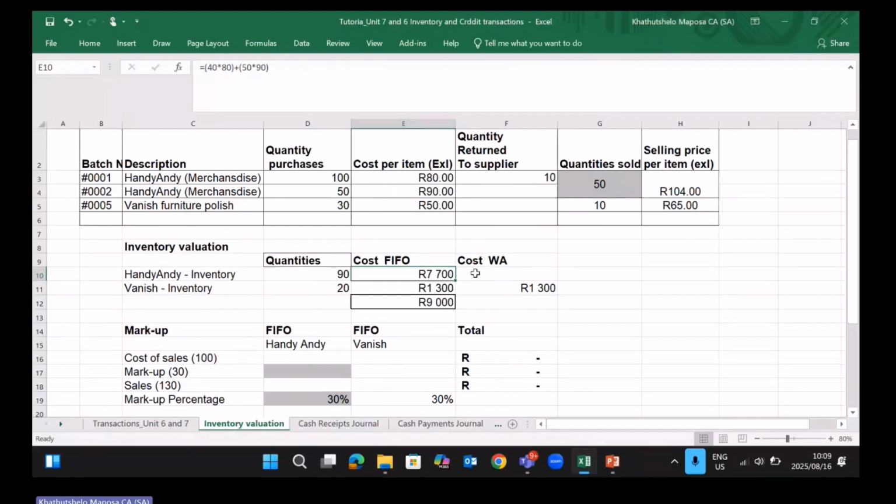And the weighted average works slightly differently. Weighted average, remember, is saying we're left with 90 units, and those units are basically a combination of the two prices. There are various ways in which you can deal with this, but the easiest one is to look at the pricing. You have 80 rands and 90 rands, which you can combine to get the average price, 80 plus 90 divided by two, which will give you 85.